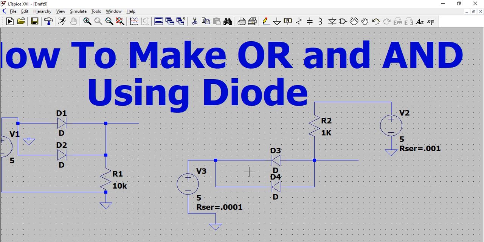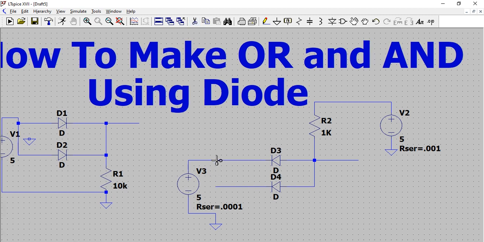This is the input of the AND gate. To help you understand, I delete the connection. So this is the two input AND gate. Okay, when one of the inputs is low, the output will be low. When both inputs are low, the output will be low. When both inputs are high, the output will be high.